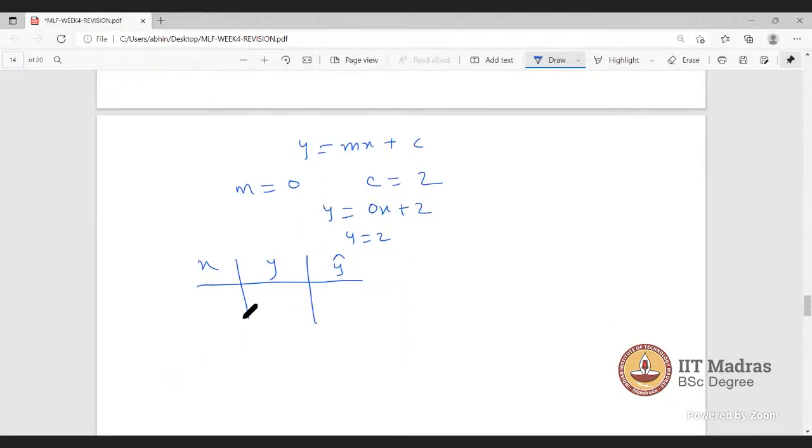Your x values are to be taken from that question. X values are 1, 2, 3, 4. And y is 2, 4, 1, 3. So your y hat is only 2 for all the entries: 2, 2, 2.